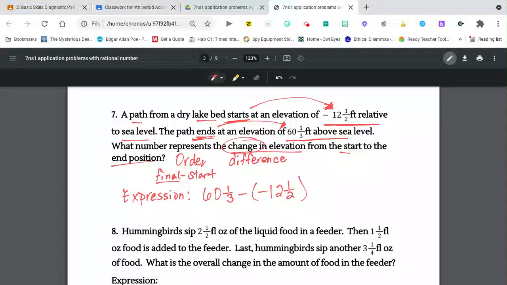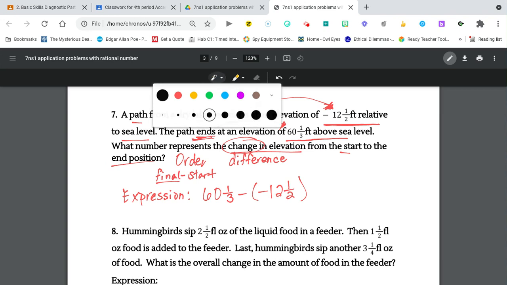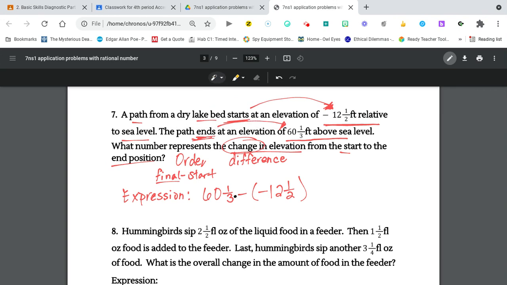All right, so the common denominator I can tell is 6. I'm going to multiply both by 2, and both of these, numerator and denominator, by 3. All right, so I'm going to work on my solution. It's going to give me 60 and 2/6 minus negative 12 and 3/6.